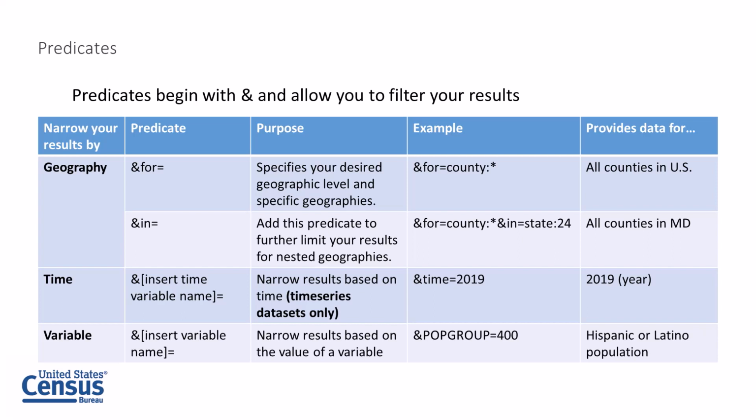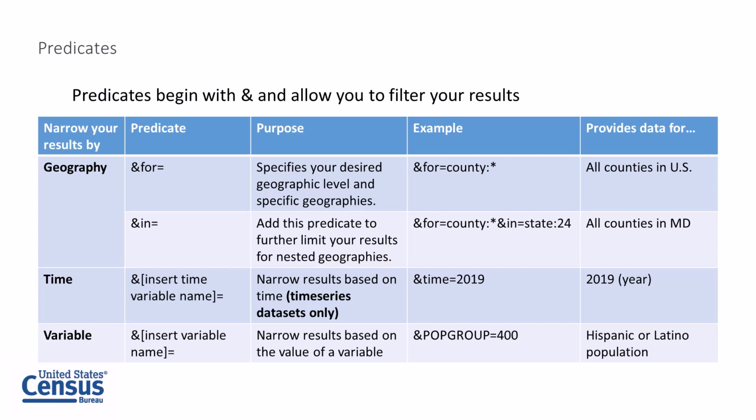A second way you can limit your results is based on time. In order to do this, you'll include ampersand, insert your time variable and put equals, then specify the value you want. As an example, ampersand time equals 2019. That would give you data for the year 2019.